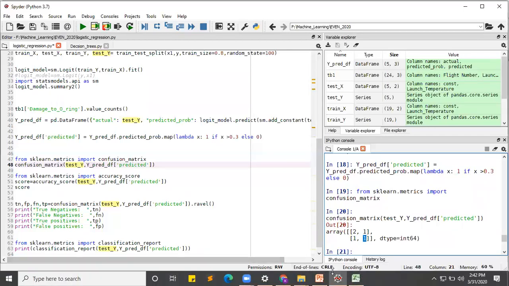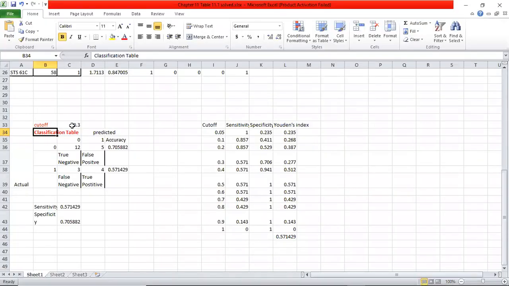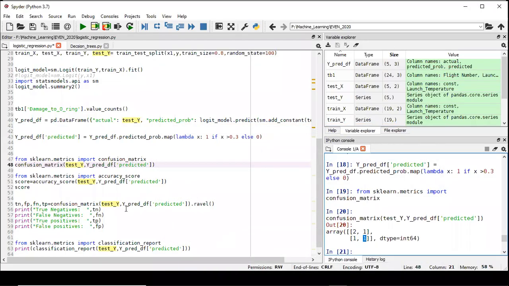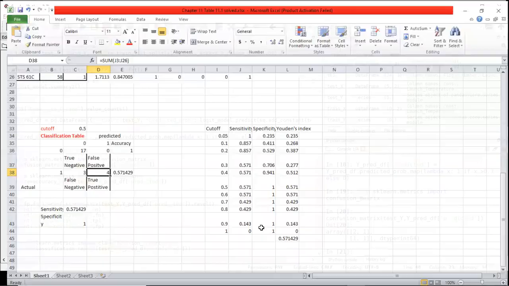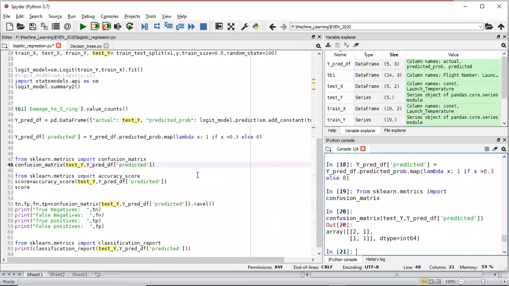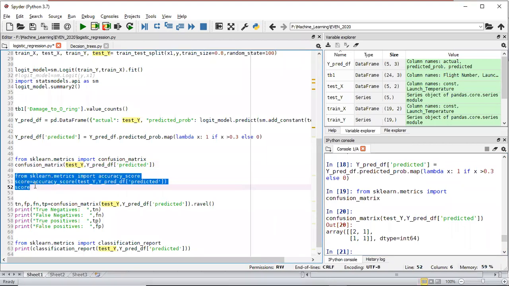So here we have the matrix. Similarly, if I change the cutoff value here, my true values also will change. How to choose that cutoff probability, I'll explain later. Now we are trying to find the accuracy score.